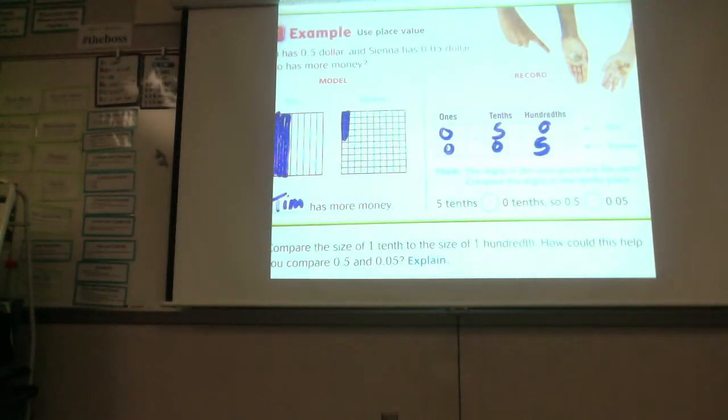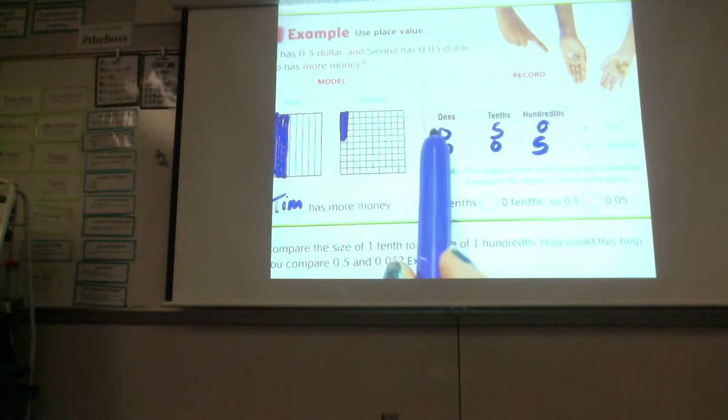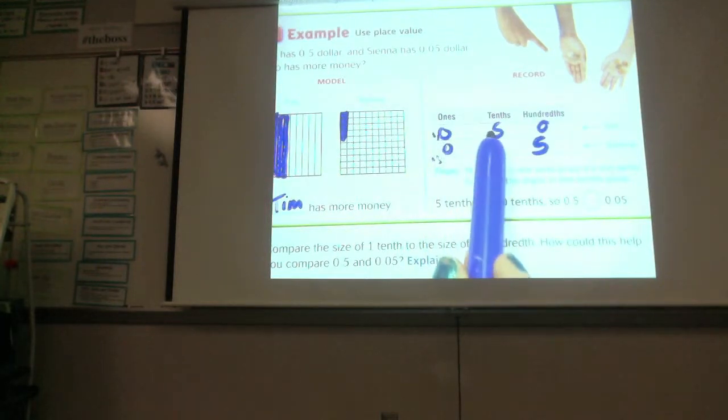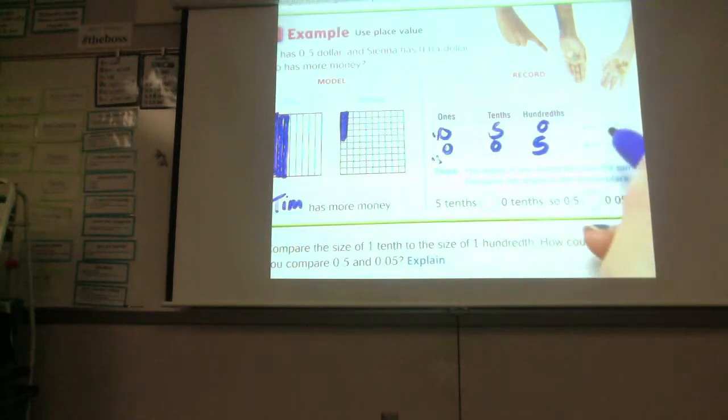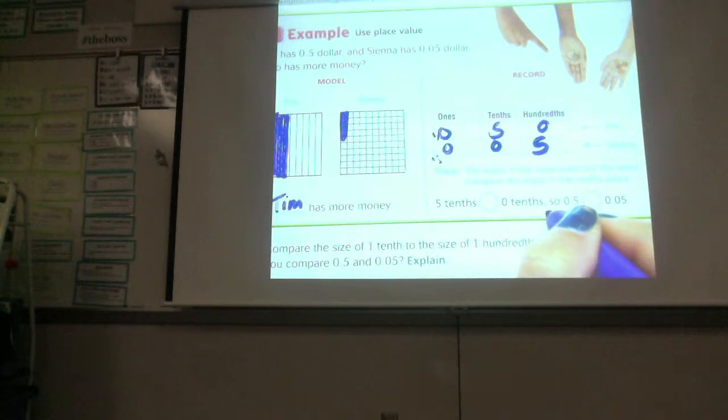Just like when you're comparing whole numbers, you always look on the left side first to see which one is greater. So if we go the furthest, which one of these is greater? None. They're equal. Which one of these is greater? 5. The 5/10. So that tells me right away that Tim has more. Okay? 5/10 is greater than 0/10.